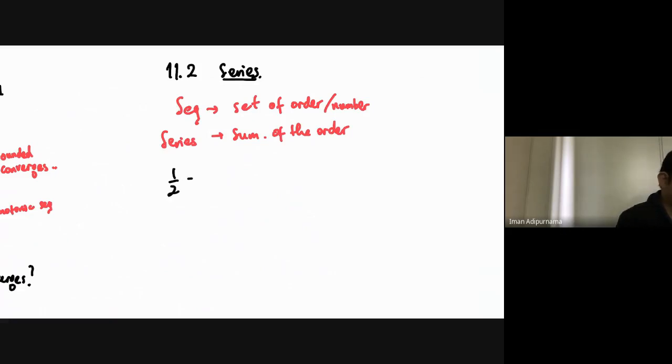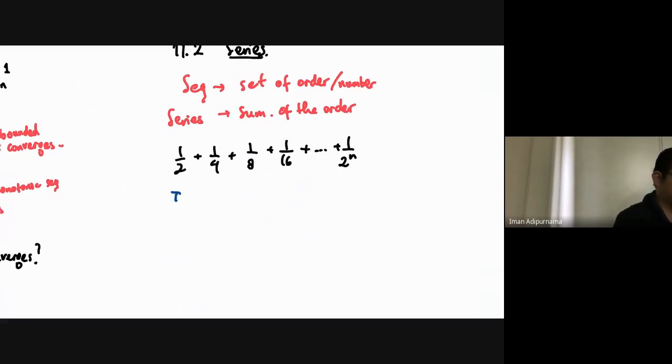Like for example, a half, or it can be like this. Or if you see the pi number as in 3.141592 blah blah blah, we can separate this, become maybe 2.